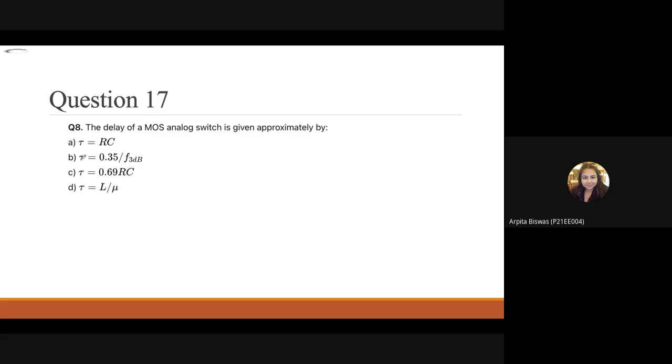The delay of a MOS analog switch is given approximately by. Which one is the right option? Ma'am, option A, pi R is equal to RC.